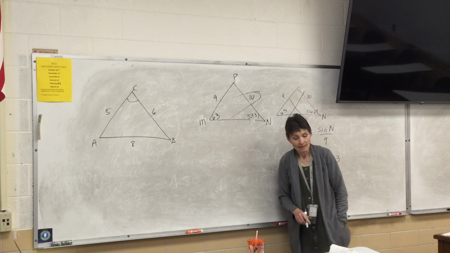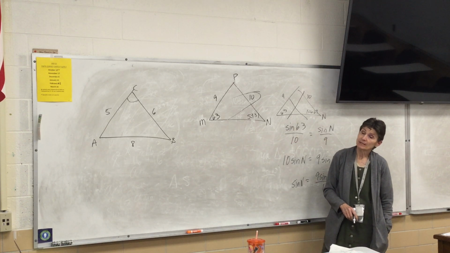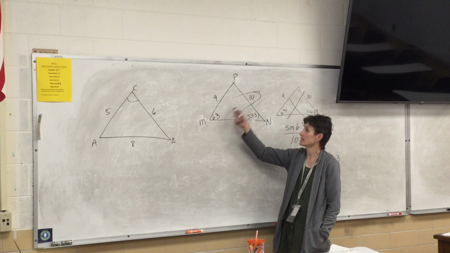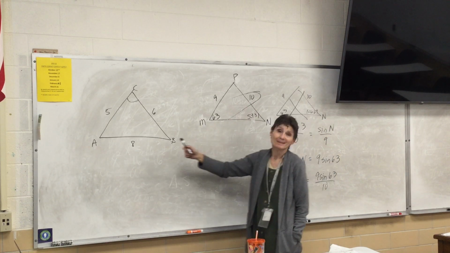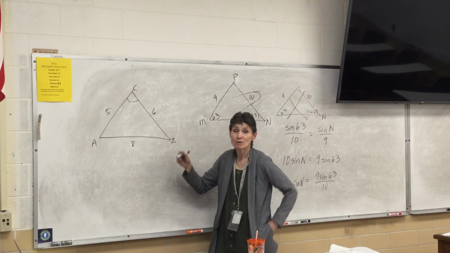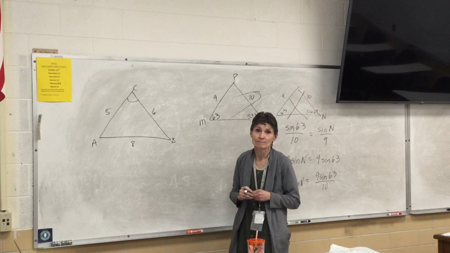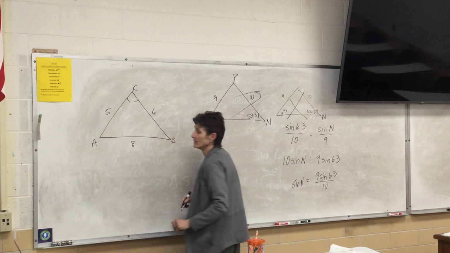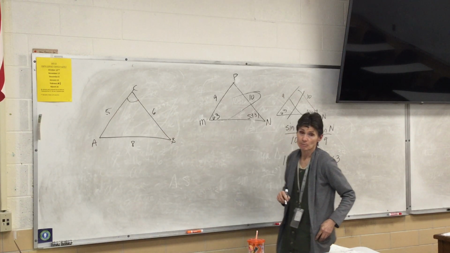Now, to find an angle, I either need the law of sines or the law of cosines. I found an angle earlier and used the law of sines, but I am not going to be able to use the law of sines in this triangle because I don't have the right information. I need a pair and I don't have it. So this is going to be a law of cosines problem.